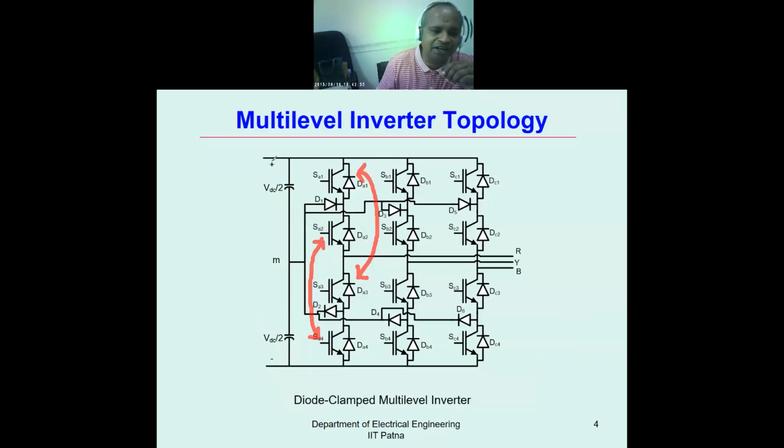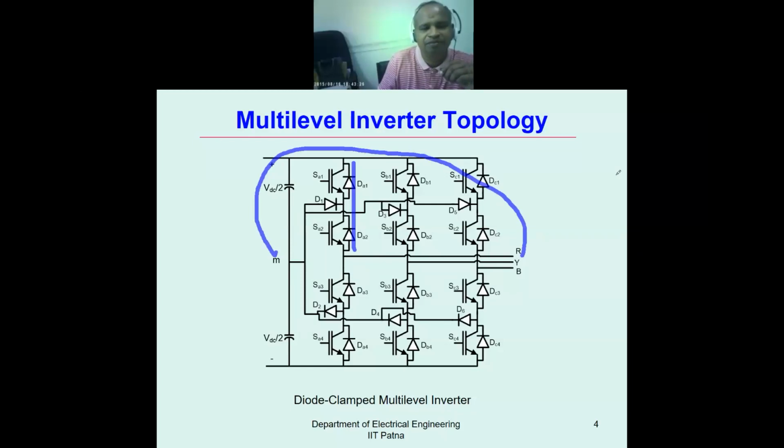So at any time, this will never be short circuited. That is the first thing. Second thing, so try to understand, this is very fundamental. When you turn on the two upper switches, the R and M voltage will be VDC by 2, as the input voltage is VDC by 2.